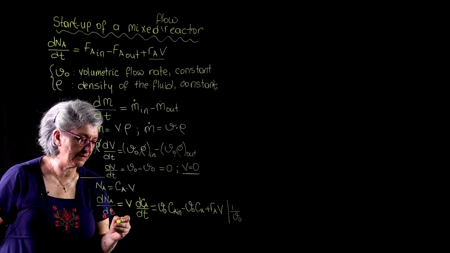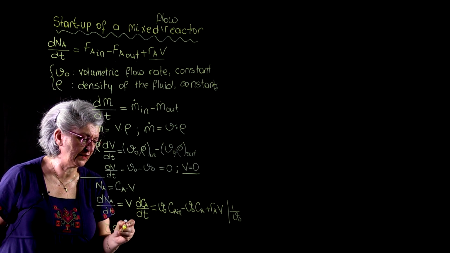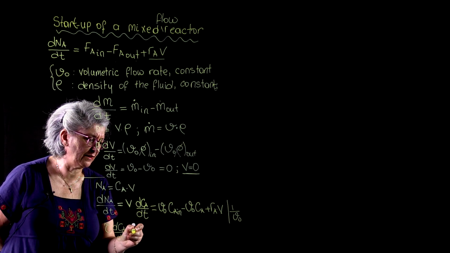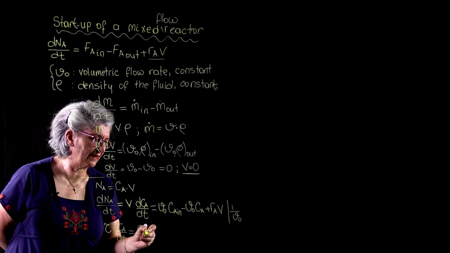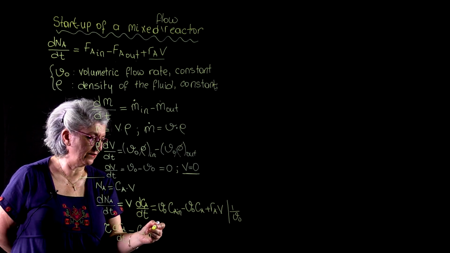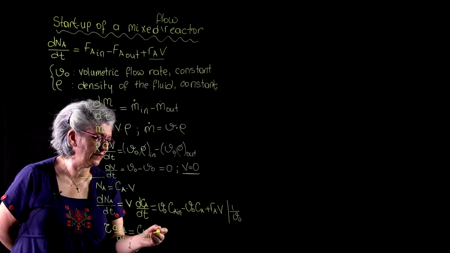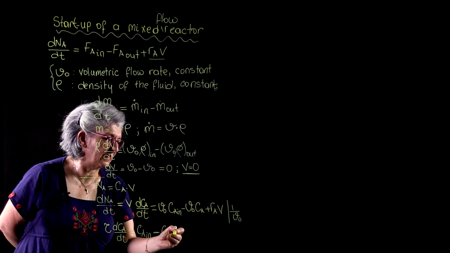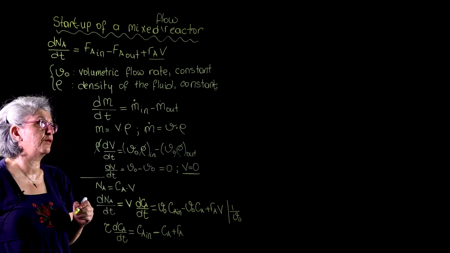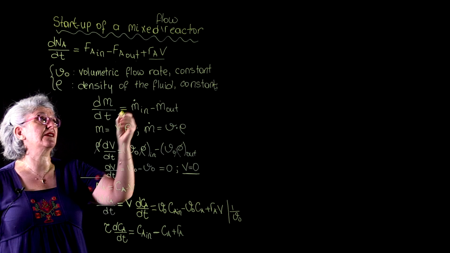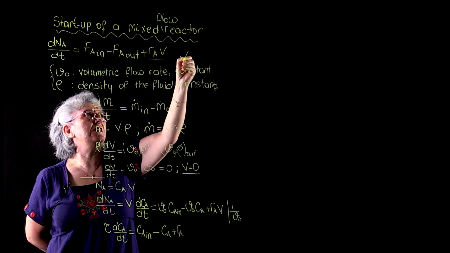It was the space-time. dCA over dt, that is equal to CA in, concentration of the stream that enters through the system boundaries, minus CA, plus RA. And we are solving these equations for a hypothetical A goes to products type of reaction.